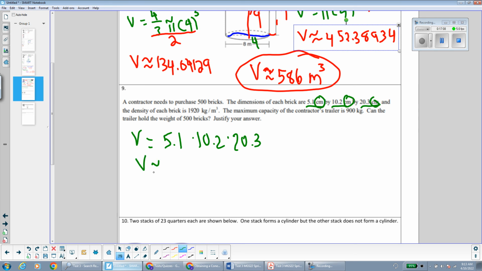And for the volume of each brick, I'm going to write down all the places for now. I got 1,056.006.